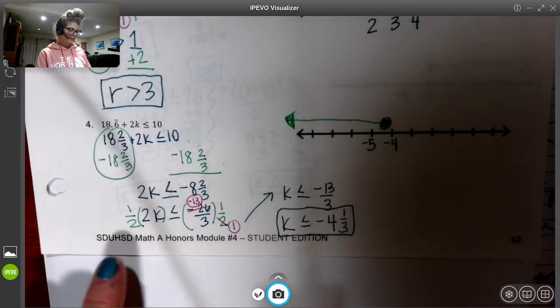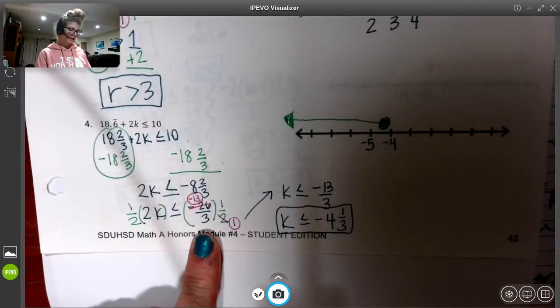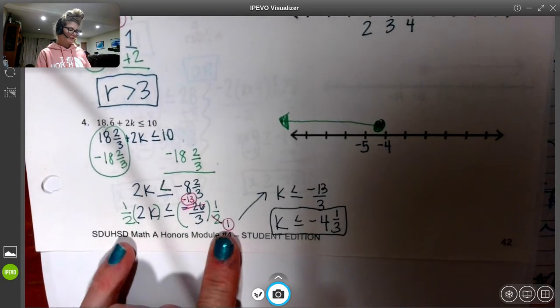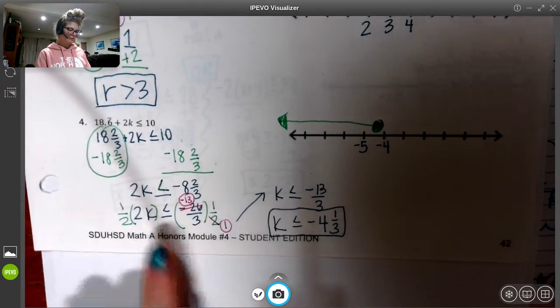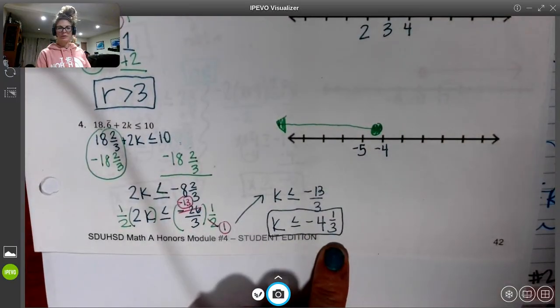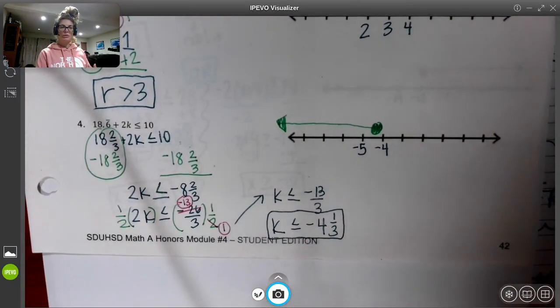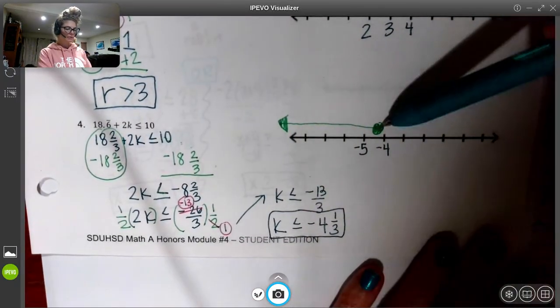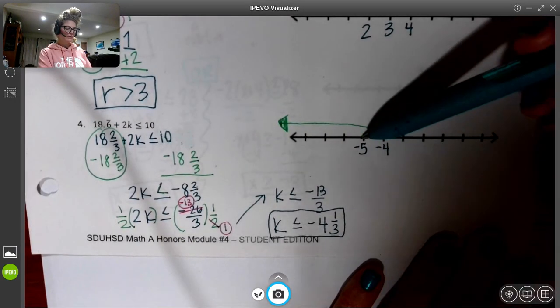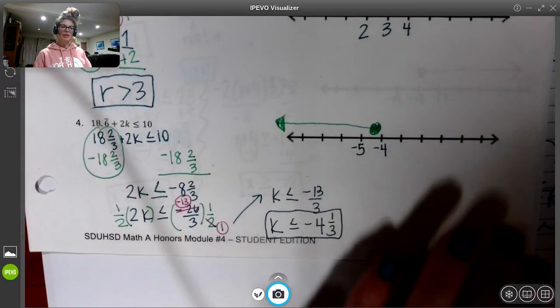From here, I rewrote that mixed number as an improper fraction to make the math a little bit easier. Multiply by 1/2 on both sides, or divide both sides by 2. K is less than or equal to negative 13/3, or negative 4 1/3, which might help you graph this a little more. Negative 4 1/3, remember, is to the left of negative 4, so I'm going to have negative 4, negative 5, close circle, shaded to the left.